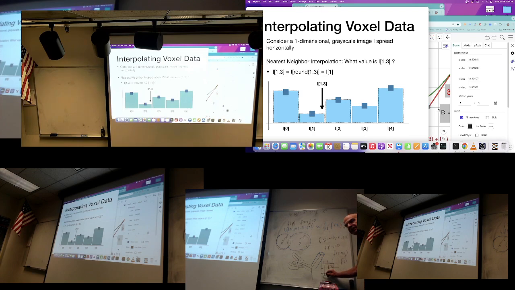You ask what is the nearest pixel out of it, which you just didn't know that it's the nearest. You just did the rounding operations. You got the coordinate of this pixel, and that's the value that you return. So that's nearest neighbor interpolation. What's better than nearest neighbor interpolation? Linear interpolation.